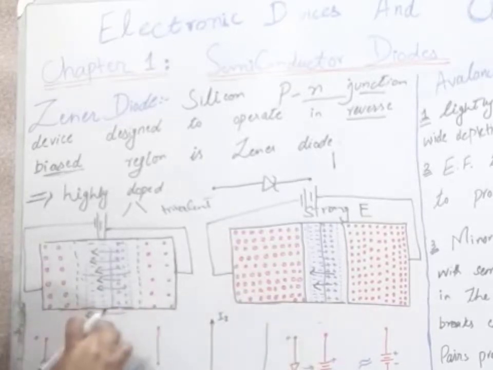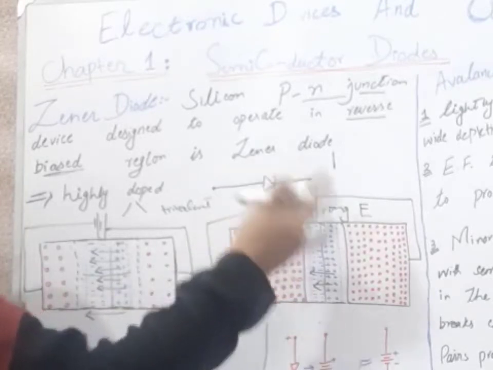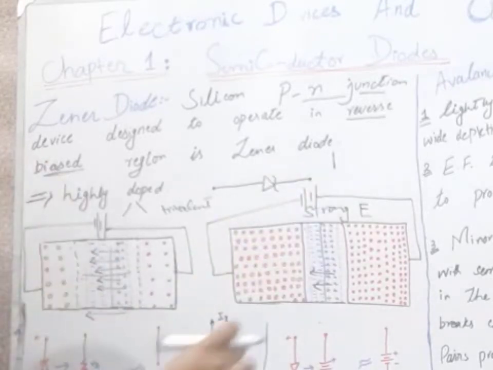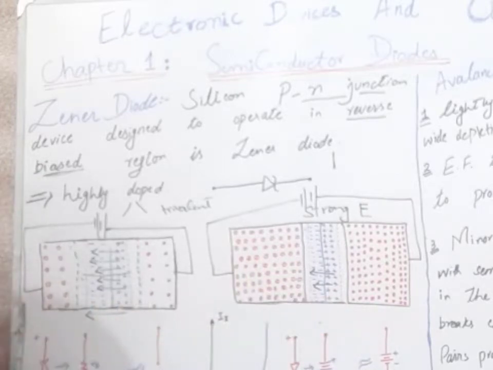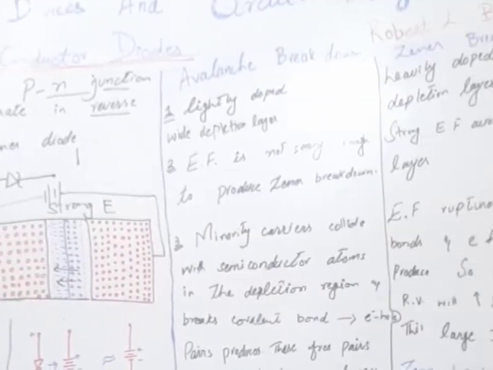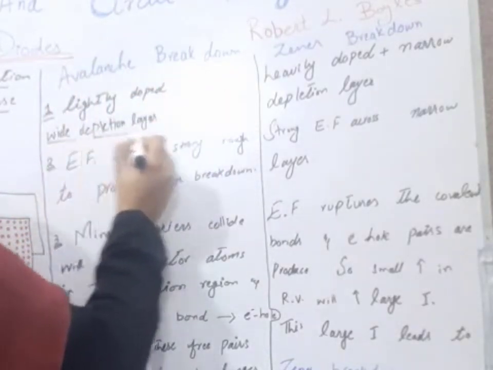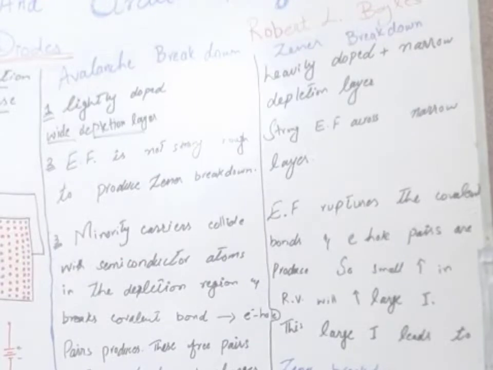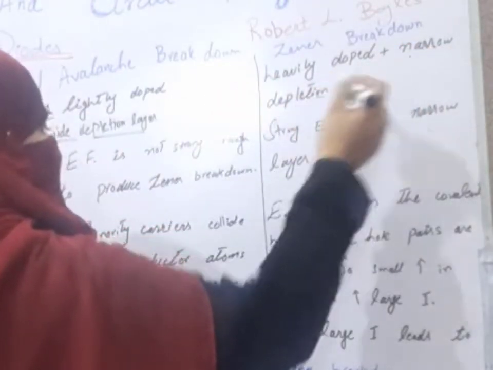In both cases the width of the depletion layer will increase when the diode is reverse biased, but in this case the increase will not be too much. The lightly doped diode has a wide depletion layer, while the heavily doped diode has a narrow depletion layer.